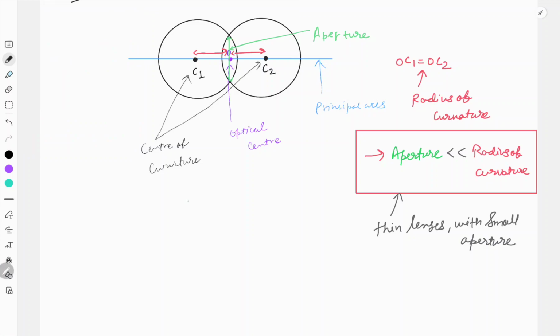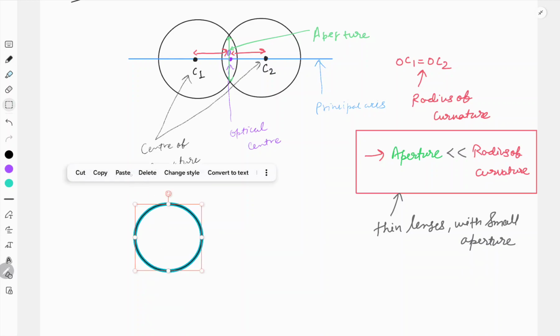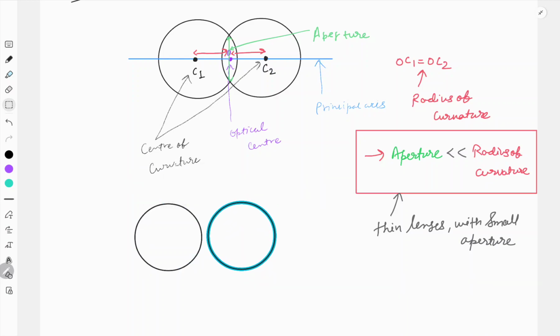Okay, now we did this for convex lenses. We can also do this for concave lenses, where we have this particular circle and then we can make C1 and C2 here as well. So how will C1 and C2 look? They will look like this.